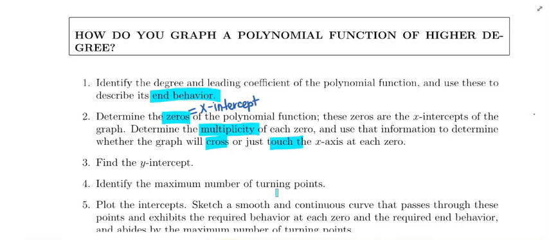Multiplicity is just a number, and I will show you how you determine the multiplicity, and based on what the multiplicity is, it's going to determine whether your graph is going to cross or touch.